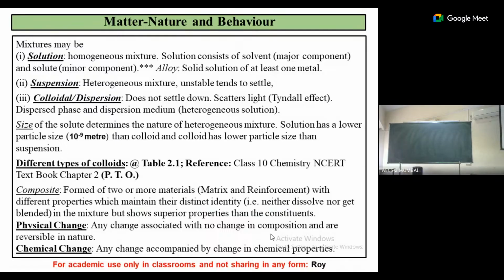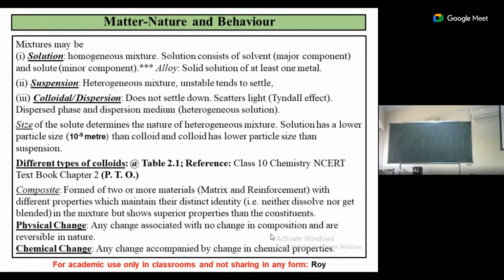So basically, a solution is a homogeneous mixture. We have already said it, and a solution consists of many phases. The substance which is present in the maximum quantity, we call it the solvent. All other components are solutes.